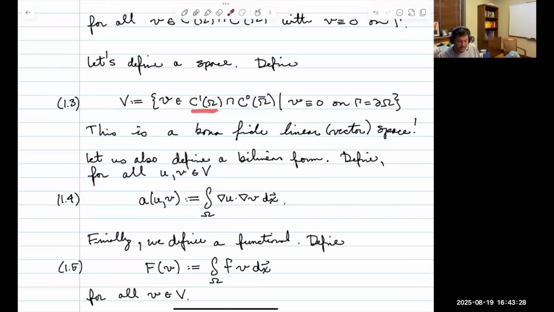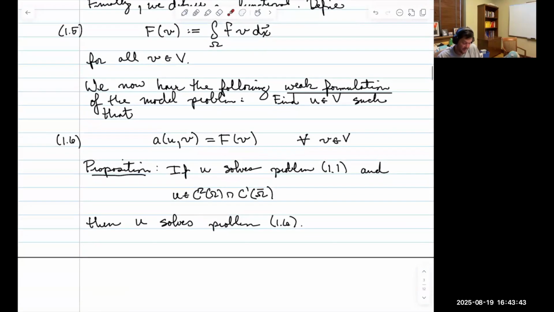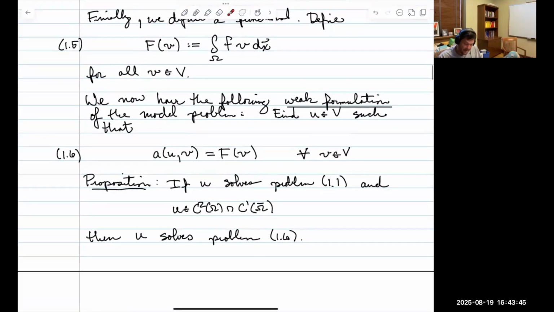It only has one continuous derivative by assumption, whereas remember the quote unquote true solution for the original model problem had two derivatives, but we're only demanding now that it has one for this so-called weak formulation. Find u with one derivative such that A(u,v) is equal to f(v) for all v in capital V. I'm missing a period there. This is what we call the weak formulation of the Poisson problem. Why is it called a weak formulation?